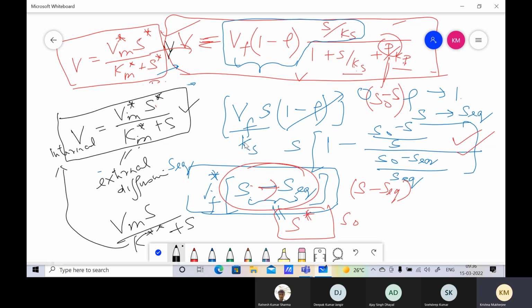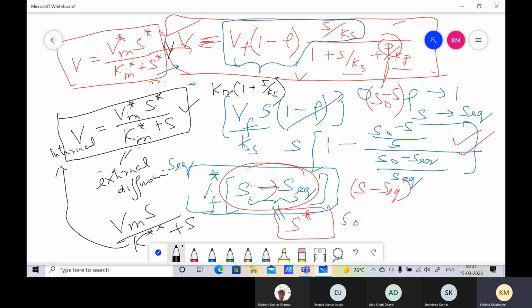Remember, for competitive inhibition also we had Km star, but that was a different Km star, derived from Km into 1 plus I by Ki or some such thing. For internal diffusion and for external diffusion, the Km is a different thing. They're derived in different ways, but the impact is the same.